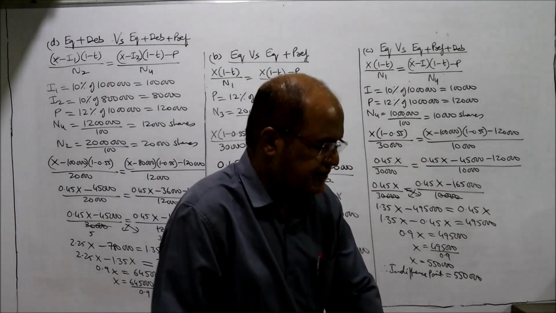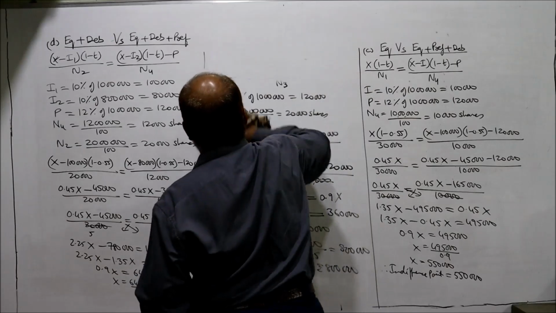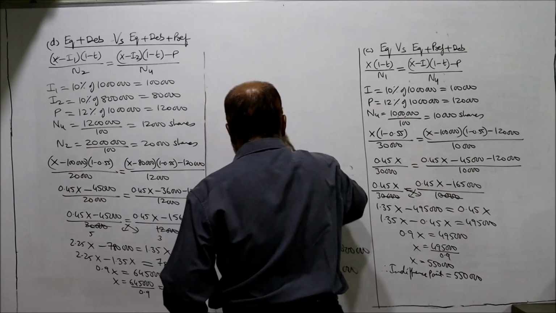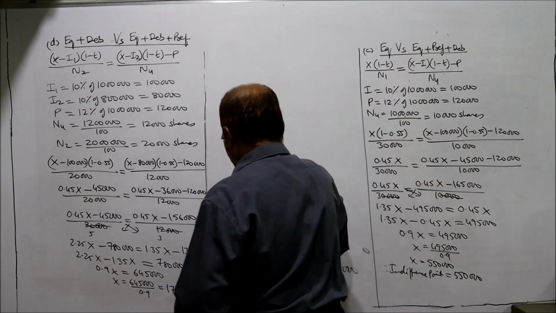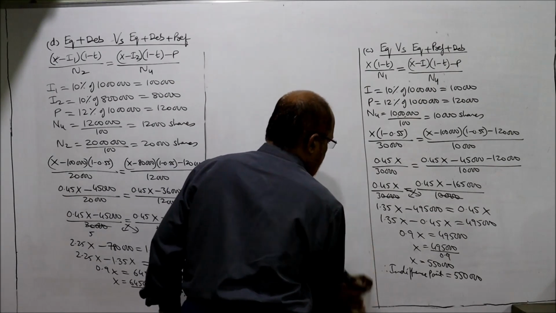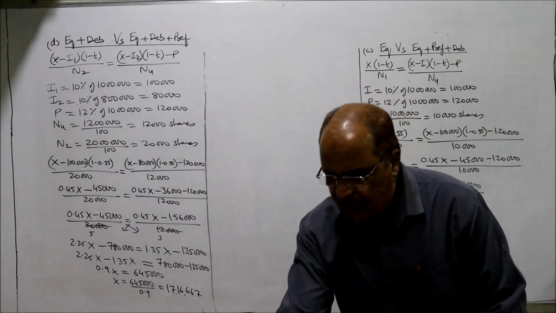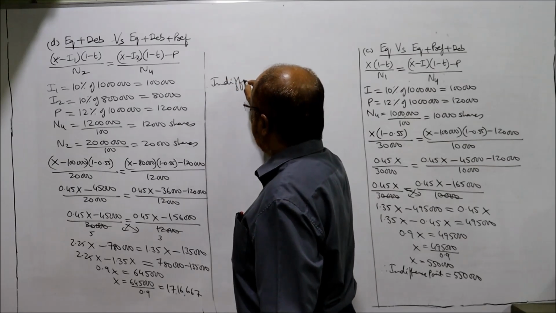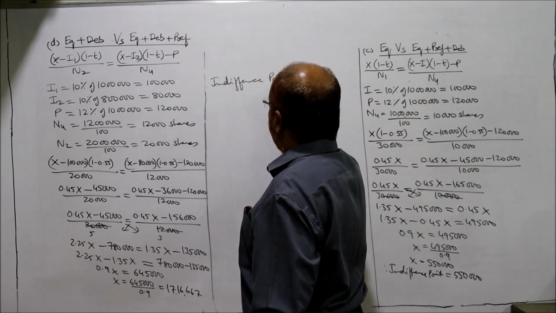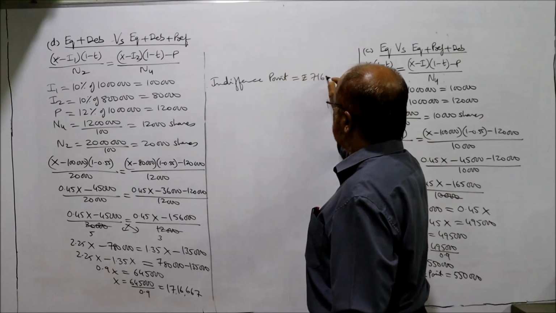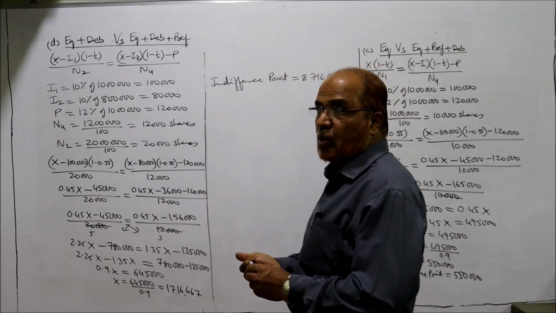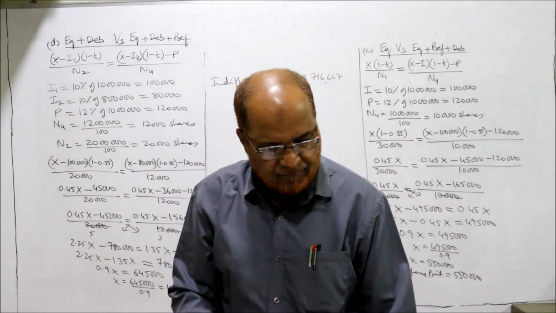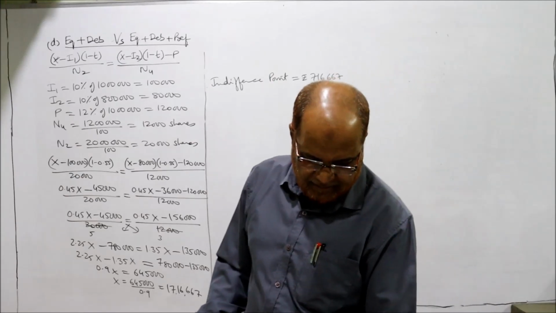So the indifference point we got is equal to 7,16,667. Over all the four bits A, B, C, D we have completed. Now we can take up the next problem.